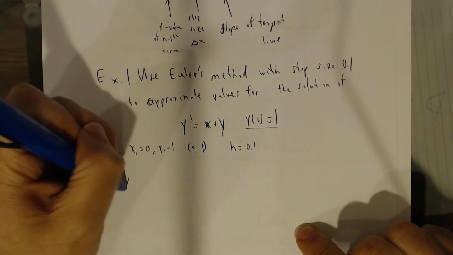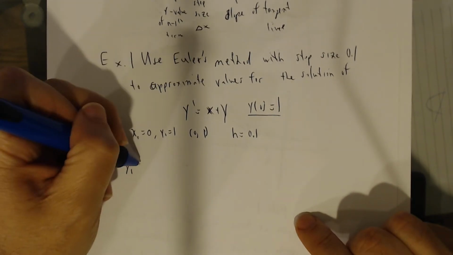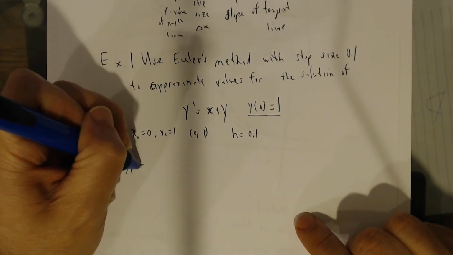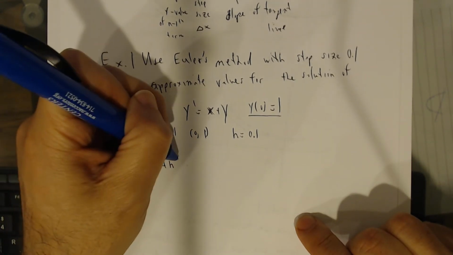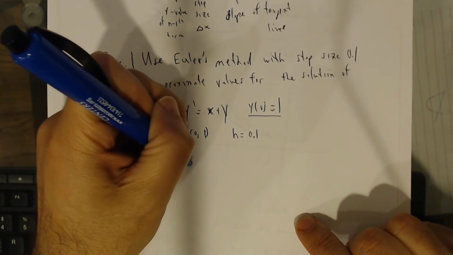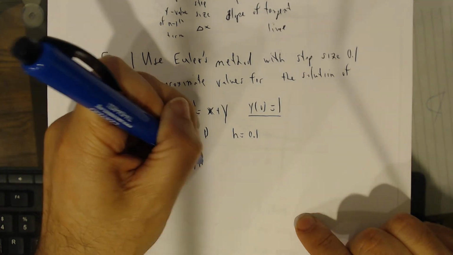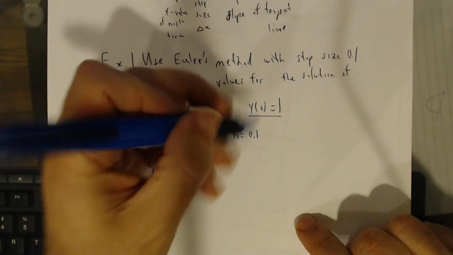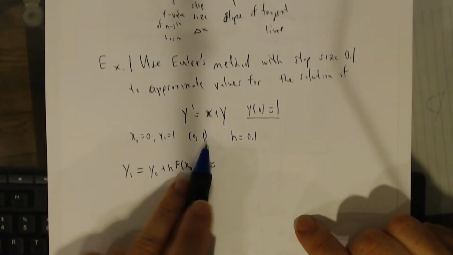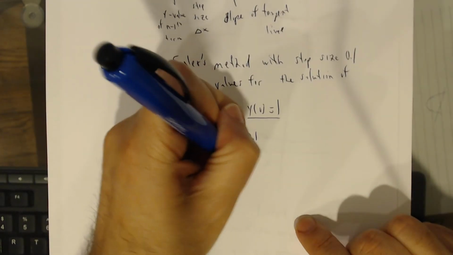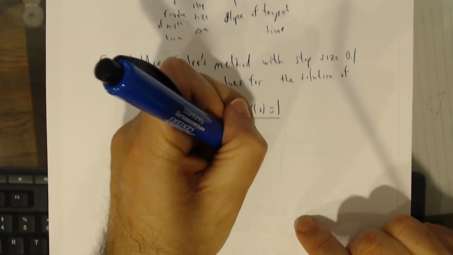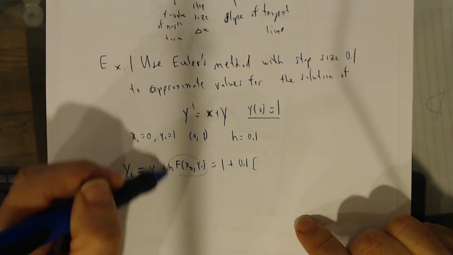So here's what we're saying. If I were to find y sub 1, and this is an approximation, this would equal y sub 0 plus h of f of x sub 0, y sub 0. So what do I need to do? y sub 0 is just 1 plus h, my step size, which is 0.1, times my differential equation.